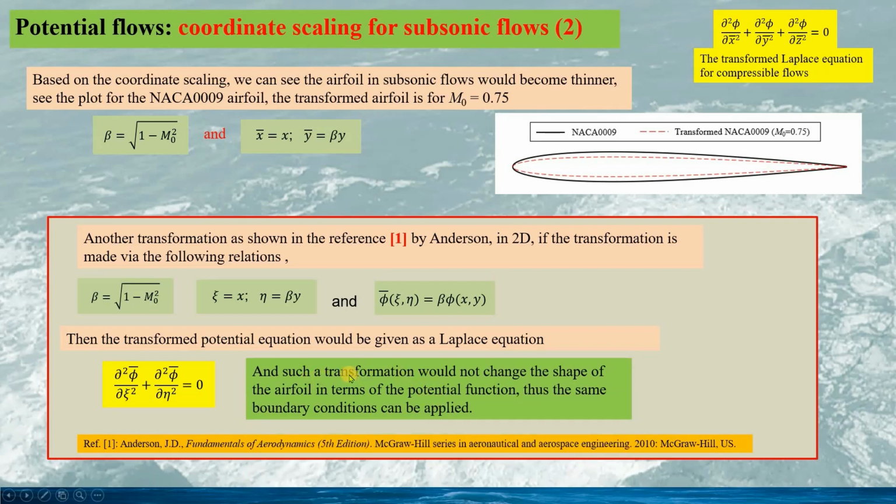However, an advantage of such a coordinate scaling and potential function scaling would mean there is no change in the shape of the airfoil in terms of the potential function. Thus, the same boundary conditions can be applied.